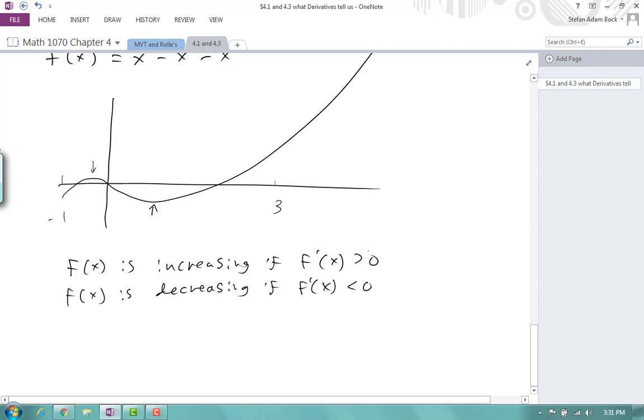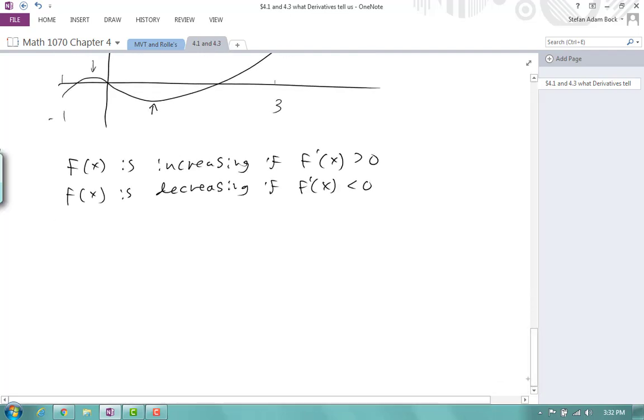We should already be familiar with these terms, but let's look at our first maximum there. I have a slope equal to 0 there, and before that my slope is positive, and afterwards my slope is negative. I go up, and then I go down. We can generalize this.